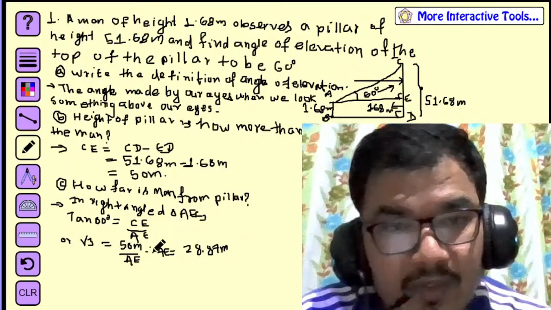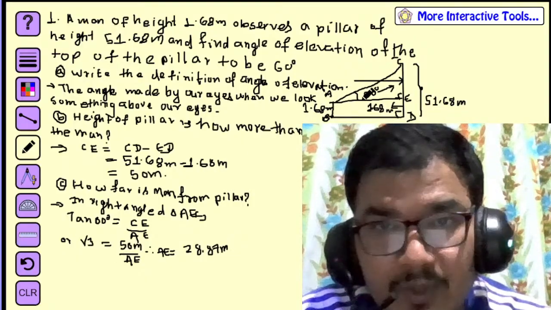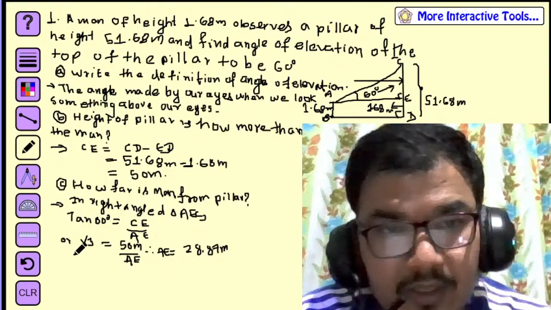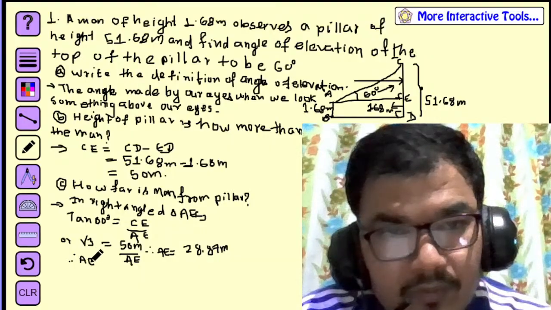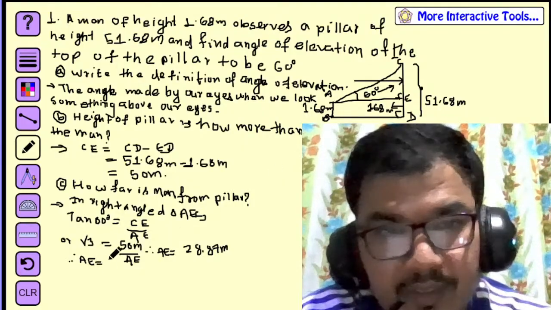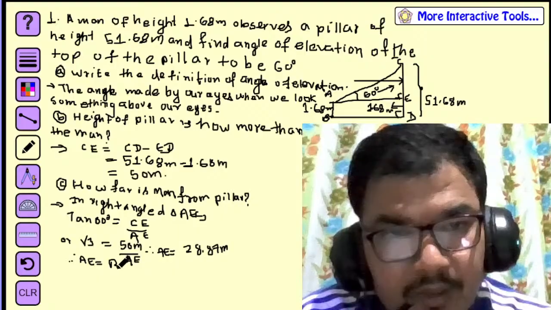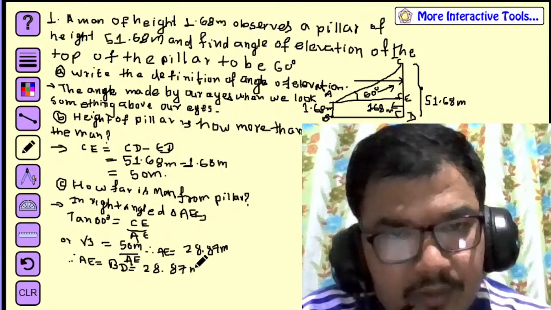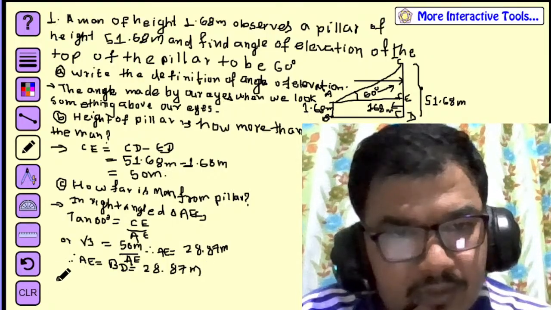This is the value of A, from A to E. We know that AE and BD are equal. Therefore AE equals BD. This distance between the man and the pillar is 28.87 meter.